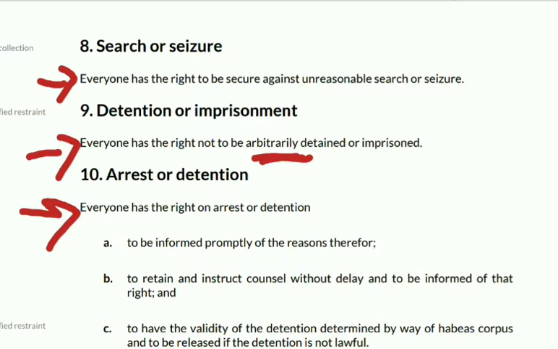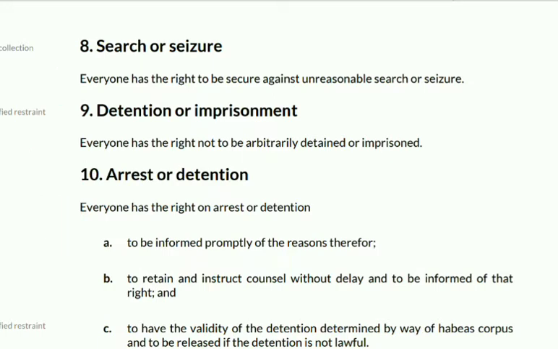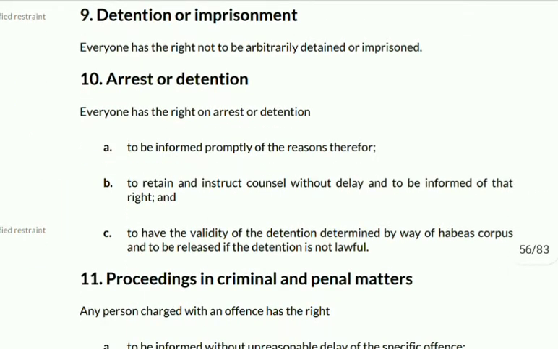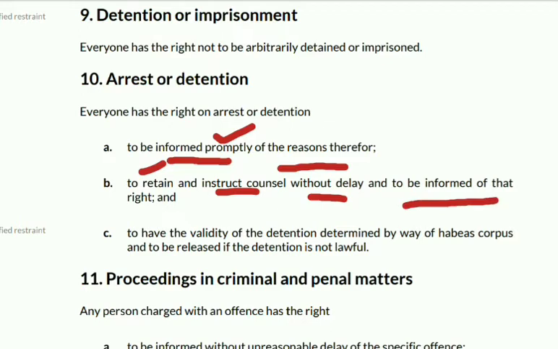What are the rights on arrest and detention? First, to be informed promptly of the reasons thereof. Why a person is arrested has to be informed promptly, immediately, to the person arrested. Second, to retain and instruct counsel without delay and to be informed of that right.